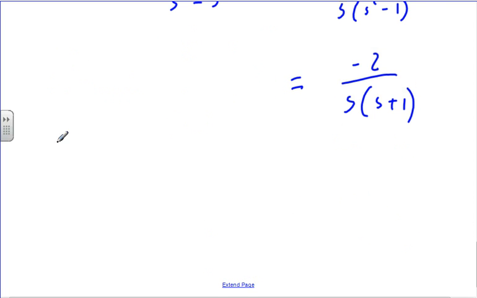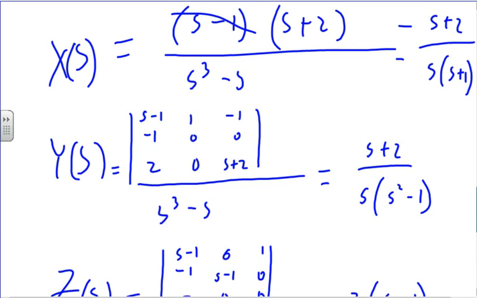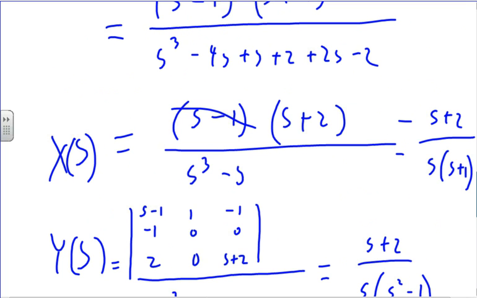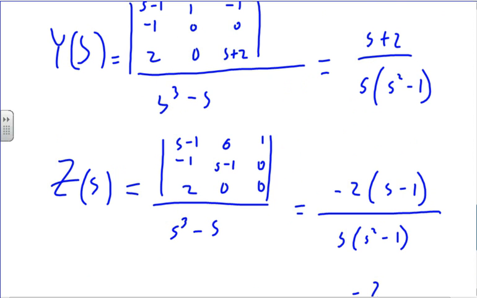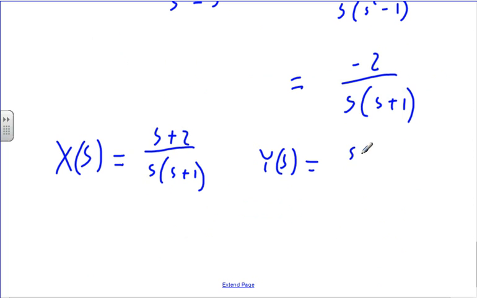So, recap. X of s is s plus 2 over s plus 1. Y of s is s plus 2 over s squared minus 1.